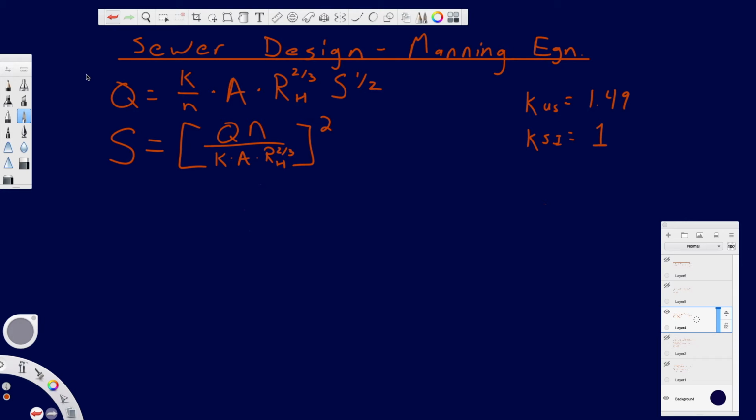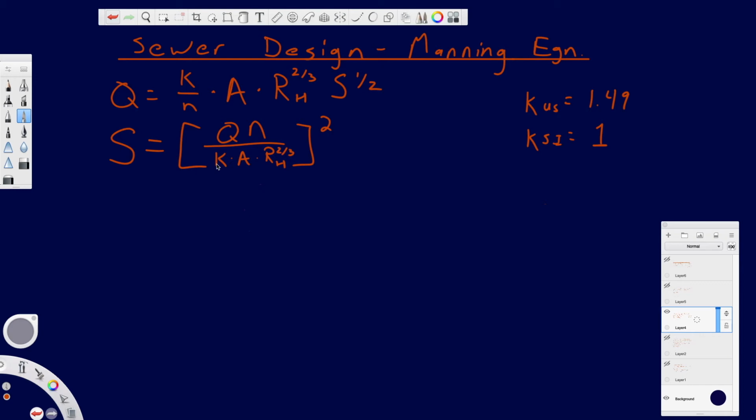But if you're using US or conventional units, you need to adjust that line to fit the data, so you'll be multiplying by 1.49. n is our roughness coefficient, A is the flow area, R_H is the hydraulic radius to the 2/3, times slope to the 1/2. So if we rewrite that to solve for slope, we have S equals Qn over K A R_H to the 2/3, and then the whole thing squared.